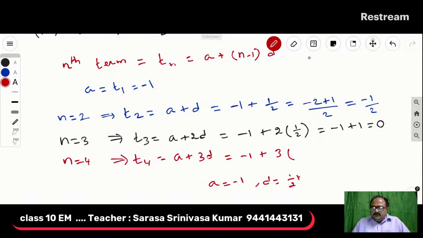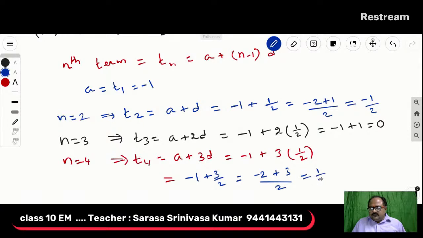So this is equal to -1 plus 3 by 2, equal to -2 plus 3 divided by 2, equal to 1 by 2.